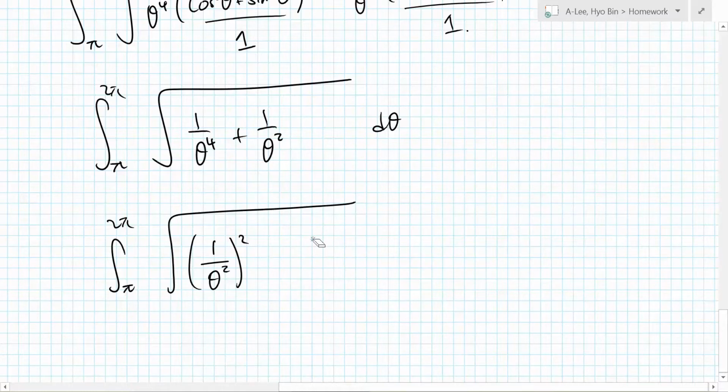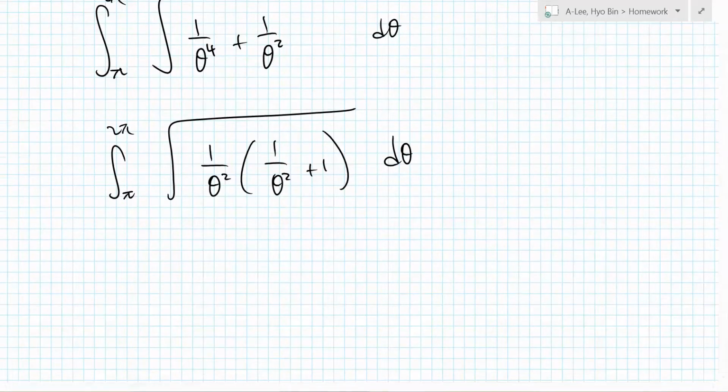Or we could actually write it the other way, so we can take out this thing and have it like that. Would that be a better way?